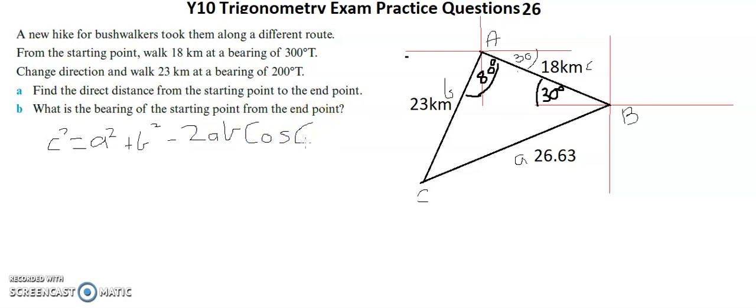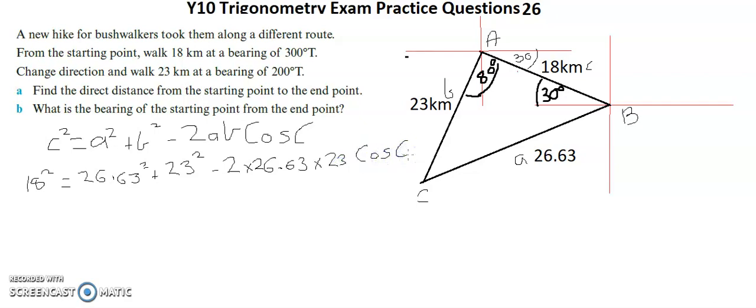C. Likewise before, I'm just going to put my information in. This time I know my c is 18, so 18 squared is equal to my a, which is 26.63 squared, plus my b, which is 23 squared, minus 2 times my a, which is 26.63, times my b, which is 23, cosine, and my c, that's unknown.